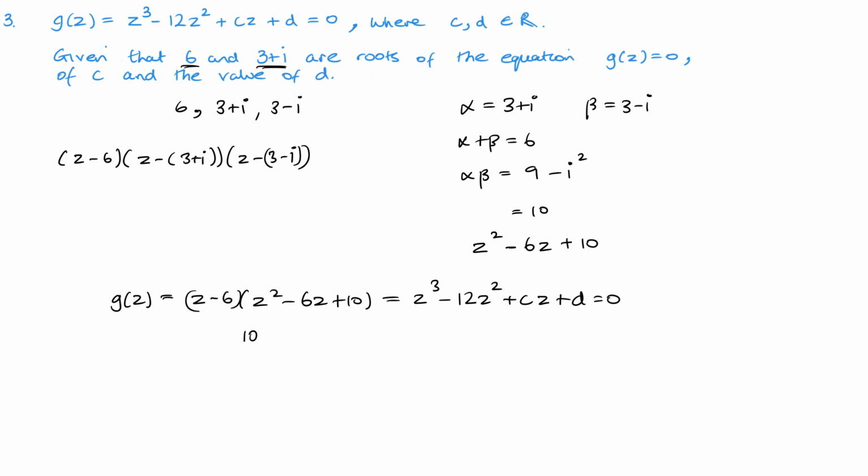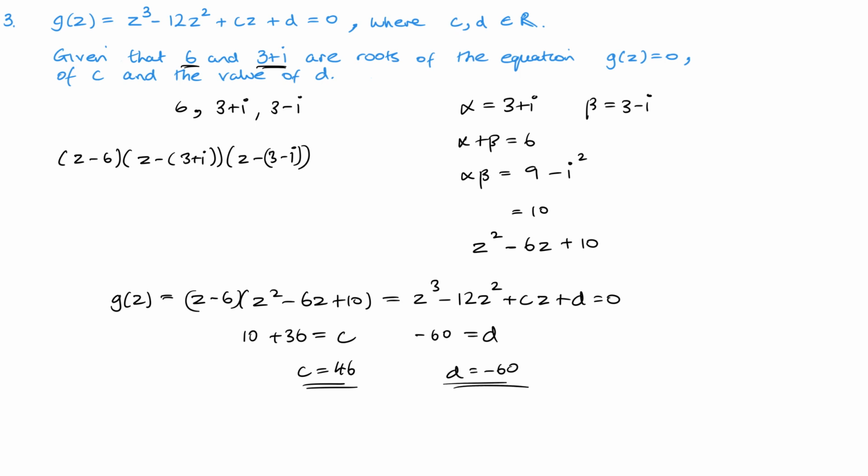Or minus 6 times minus 6z, so it's going to give me 36z, just the positive 36 there. And of course that is going to be the c. So c is going to be 46. And then d is just the constant. So minus 6 and 10, and when I multiply those, it gives me minus 60. So d is equal to minus 60.